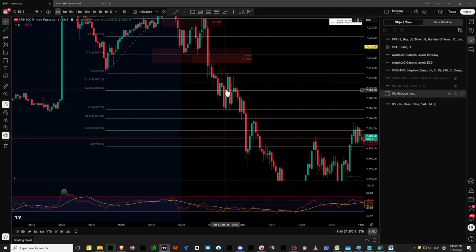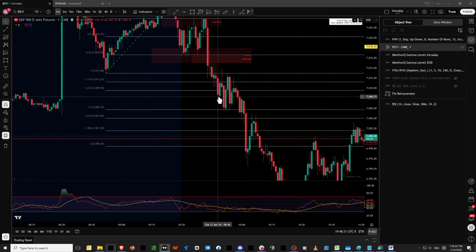So how would you trade this? We'd be watching this 236 area. And we see a close below the 236 right here. Now, because we see this close below the 236, I'm not thinking reversal, I'm thinking continuation.